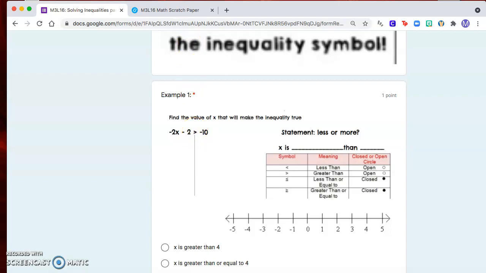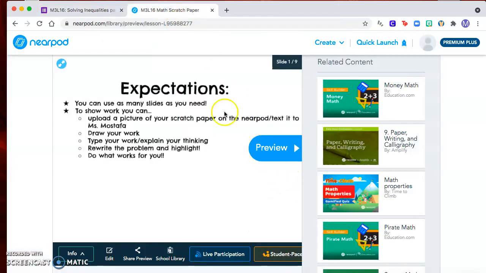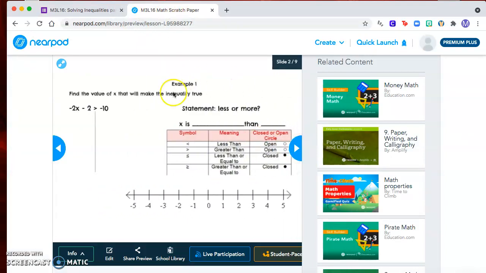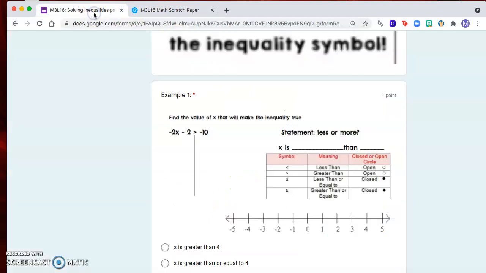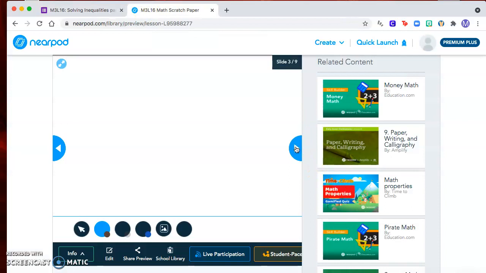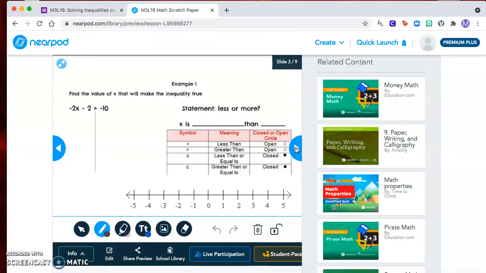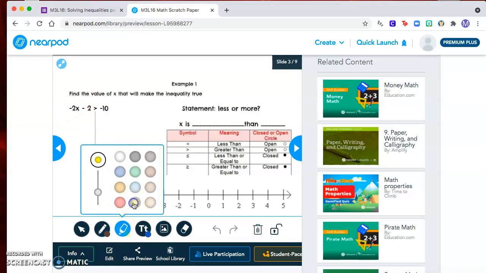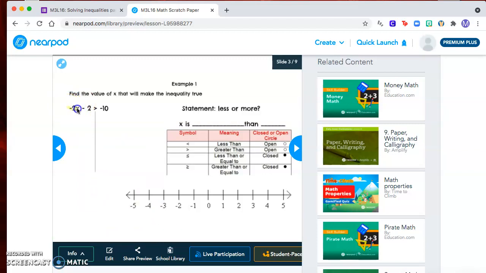Okay, so let's get started here. This is your Nearpod digital notebook. You'll have the same examples as here. So find the value of x that will make the inequality true. First thing I notice that I'm going to highlight is that this is a negative coefficient, and I'm going to highlight this in yellow.